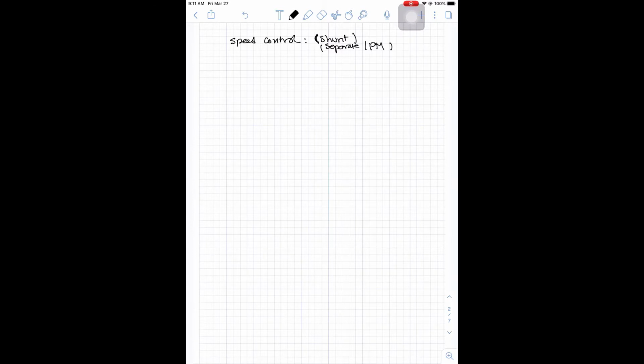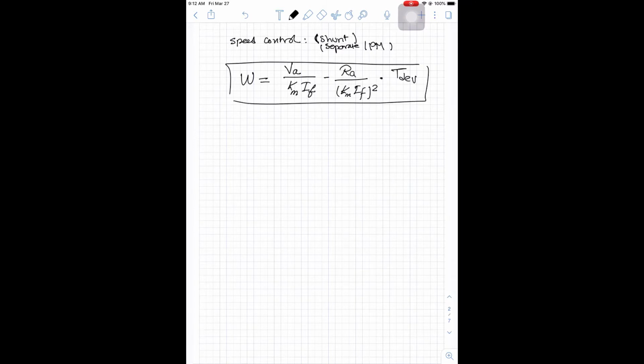The series machine is a little bit different, as we will see today. The torque speed characteristic for the shunt motor, as we did in the proof, is omega, or the speed, equal to VA divided by K motor IF, minus RA divided by (K motor IF) all squared, multiplied by T developed. This equation relates our speed to the torque, so it is the torque speed characteristic.